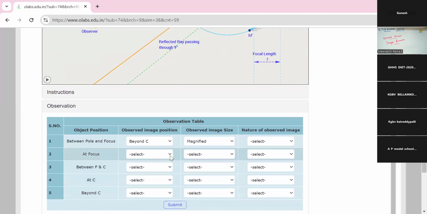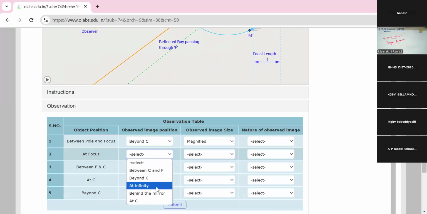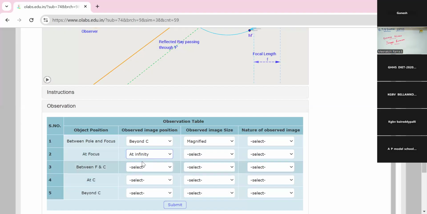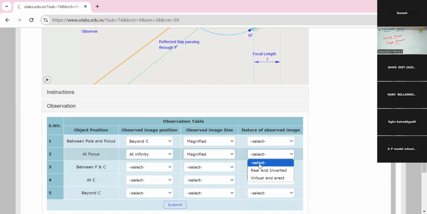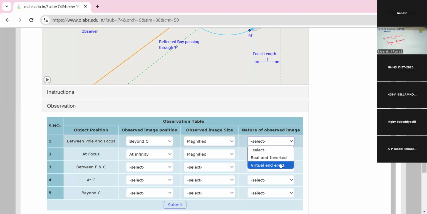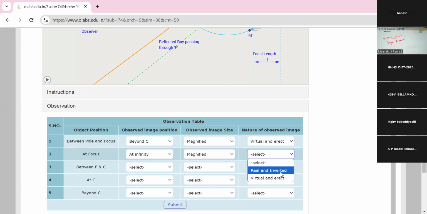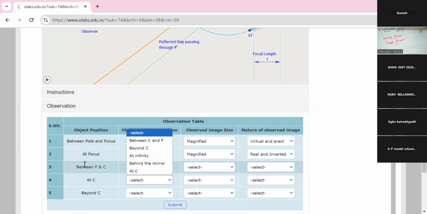So the answer: the image is at infinity, the image size is magnified, and it is real and inverted. So this is the right answer for the second case.